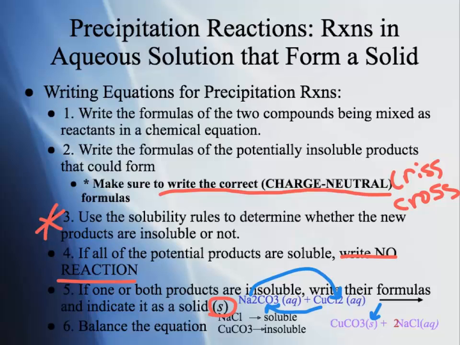In fact, remember the first solubility rule says that all alkali metals like sodium are always going to be soluble. So this guy is an AQ. We have one that stays dissolved in water, that's sodium chloride, and we have another substance that will actually hook up and find each other, and that is the copper carbonate, and so that's the S. So we will see a chemical reaction here, we will see cloudiness form, a precipitate, because copper carbonate is not soluble.